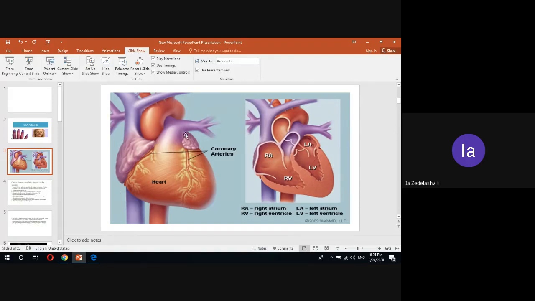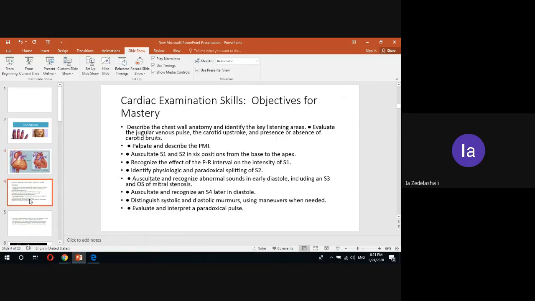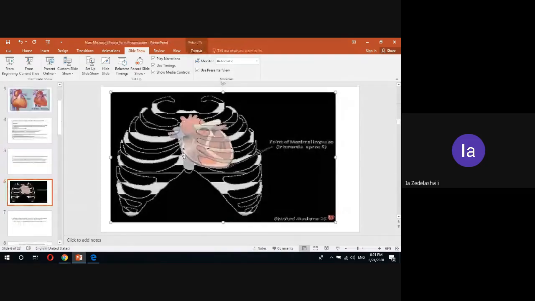At first, look, I will find another picture. Here, my dear. The heart is not on the middle side, is not on the right side, but as well, it's not perfectly on the left side of the chest.